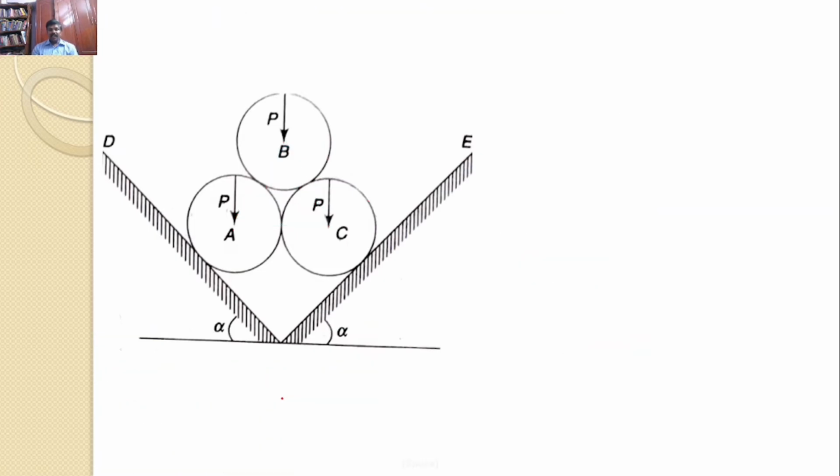Let us take the other cylinder. Now, let us consider the free body diagram of cylinder A. Clearly we can see there is a self-weight P, and there is a reaction force by B on A. So this is the reaction on A by B, which is exactly equal to R_BA.